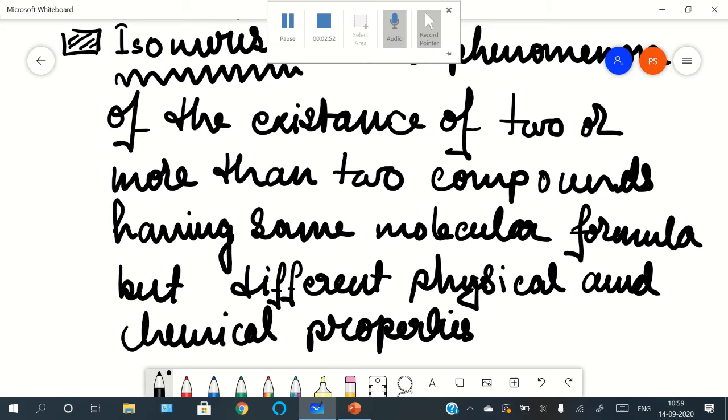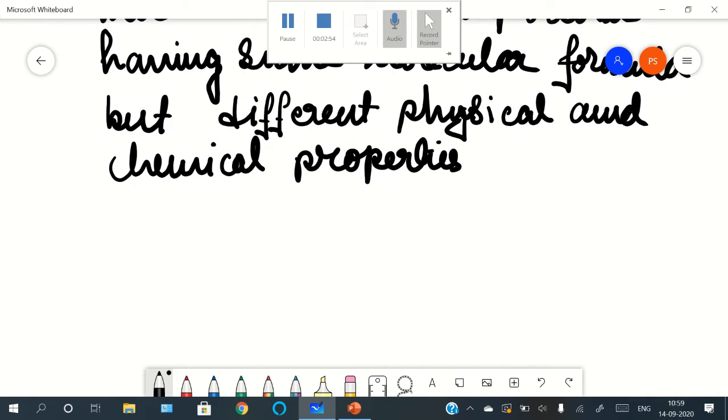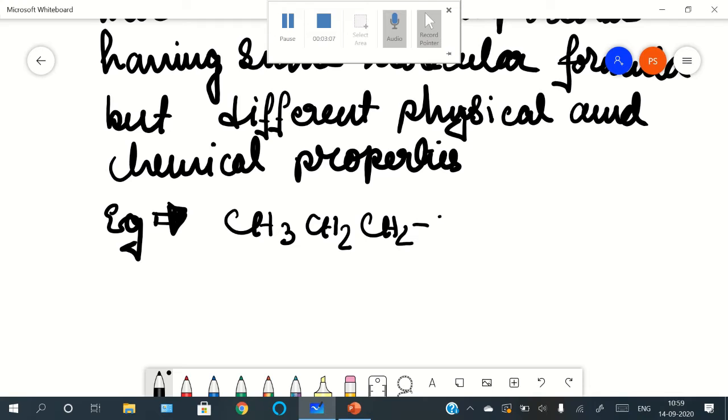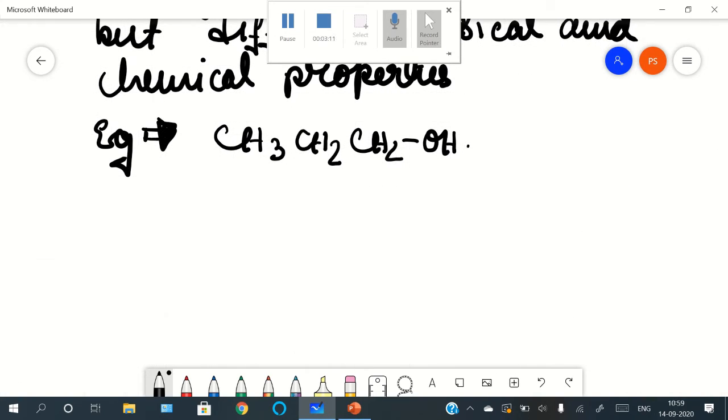For example, CH3CH2CH2OH. This is an alcohol with hydroxyl group at the terminal carbon.